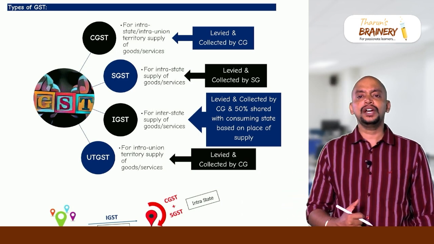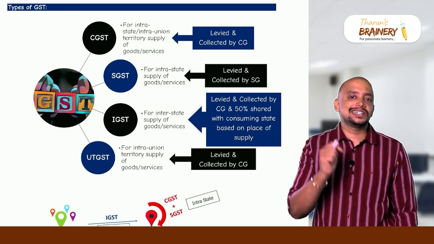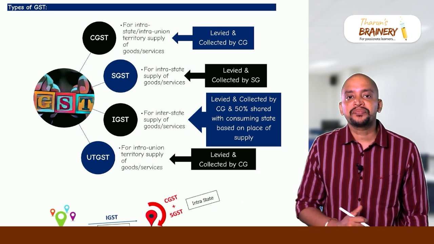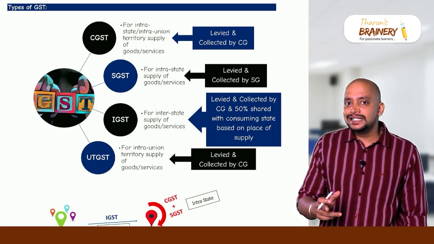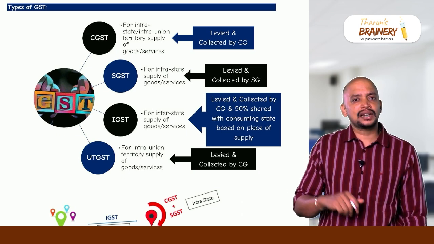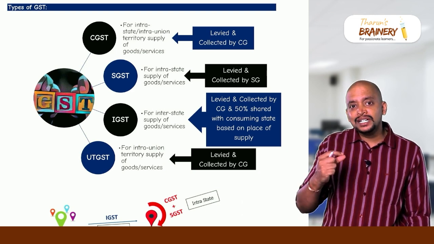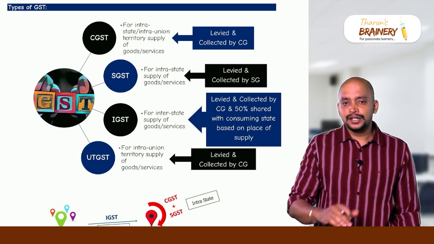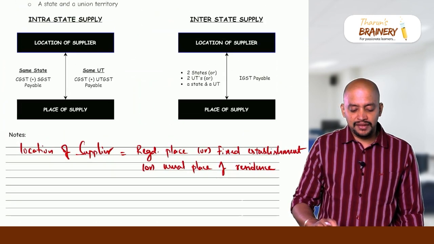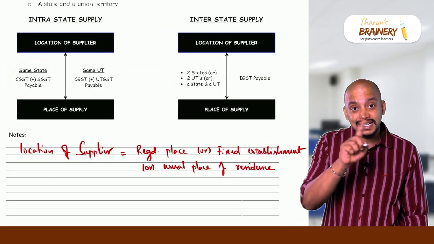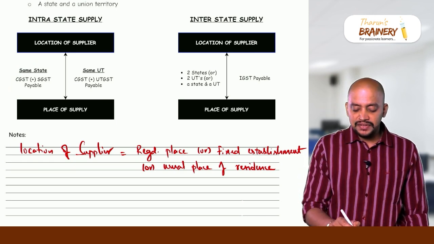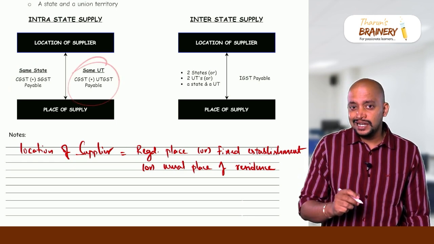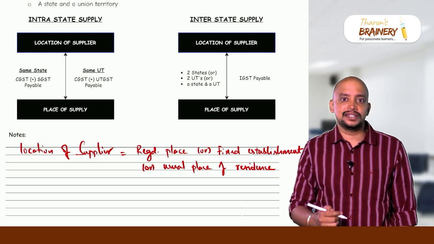Now, in case of IGST, we need to know one aspect. Whenever IGST is collected by central government, the dual tax model is not prevailing, because if it is intrastate supply, we have a dual model, CGST, SGST. Even in case of Union Territory, CGST, UTGST.